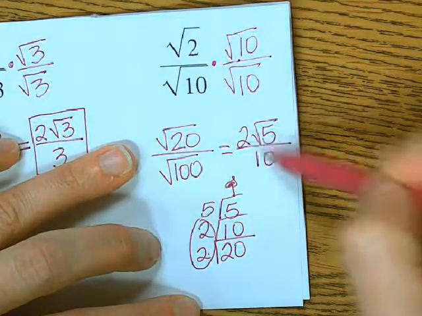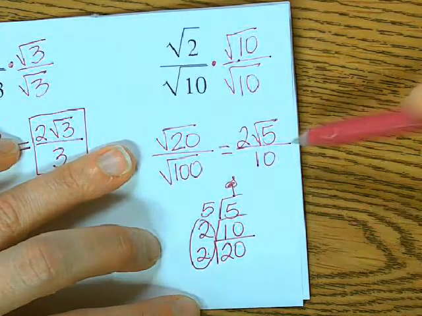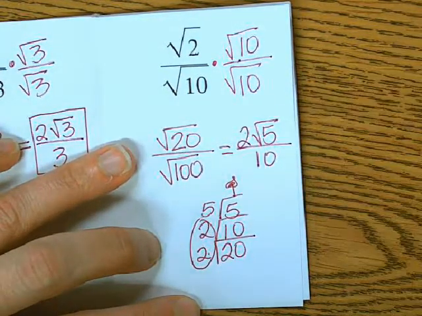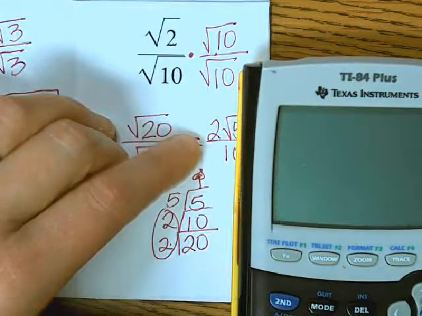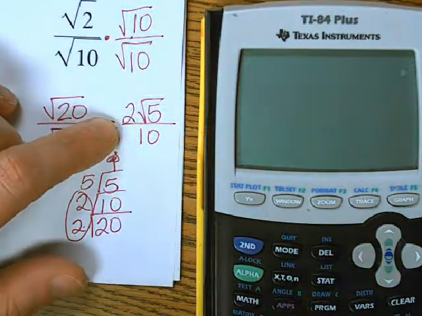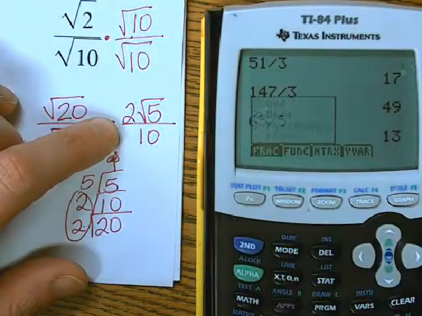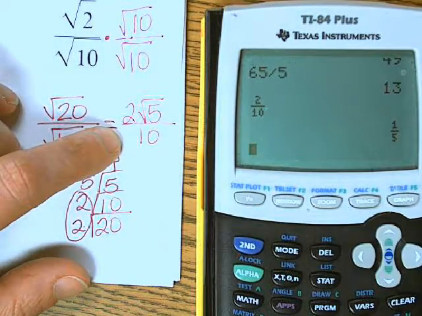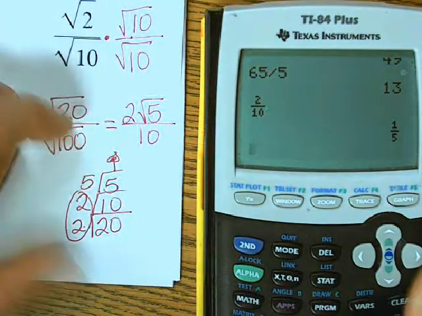Okay? Now this is not fully simplified either, because I've got 2 over 10. So what I have to do is go through and make sure that the coefficients are simplified as well. You can use your calculator if you want to. You can say alpha y equals enter, get your fraction, and push enter, and your calculator will simplify it to 1/5.